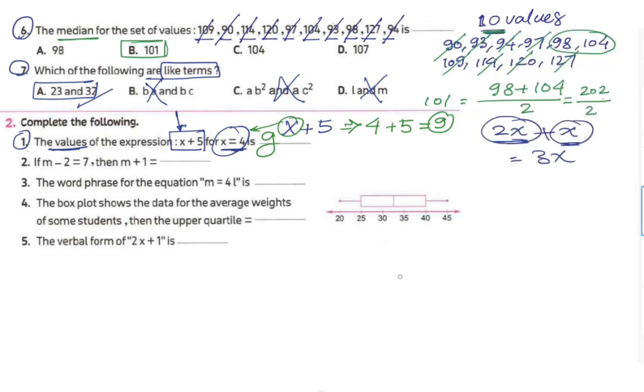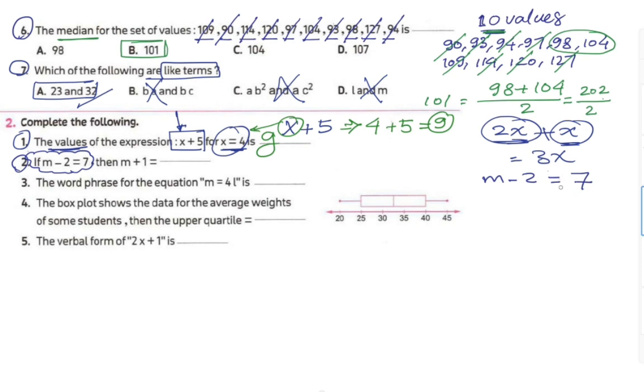Okay, the next question, number 2. If m minus 2 equals 7, then m plus 1 equals what? The first part of our question is an equation. I have m minus 2 equal 7. We have two expressions here: m minus 2 is the left expression and 7 is the right expression.